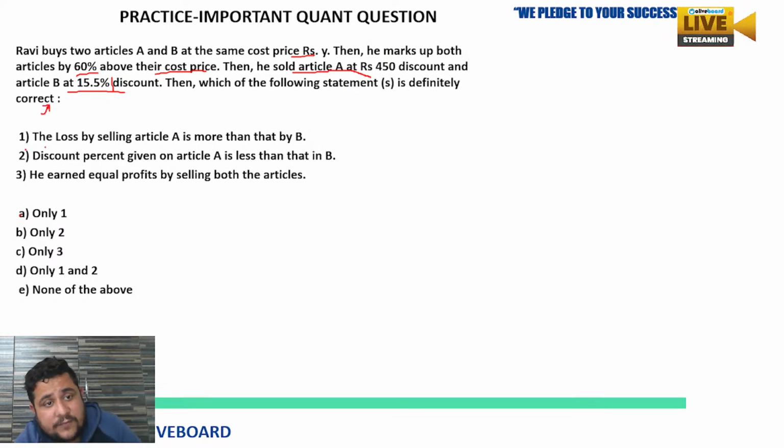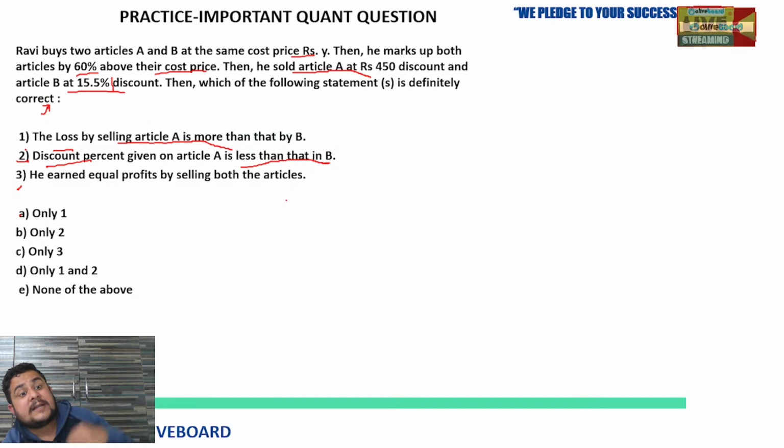First, the loss by selling article A is more than that by B. Second, discount percent given on article A is less than that in B. Third, he earned equal profits by selling both the articles. So we just have to verify whether these statements are definitely correct or not as per the given data. And you're having five options: only one, only two, only three, only one and two, none of the above.